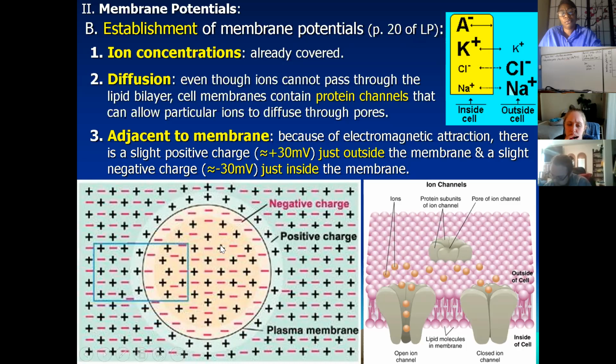Inside the ICF, you still have a mixture of ions, but because the ECF is positive, those negative anions will be right up against the membrane, because they are attracted to the opposite. Opposites attract. Everybody got that? That actually also adds to the -70.